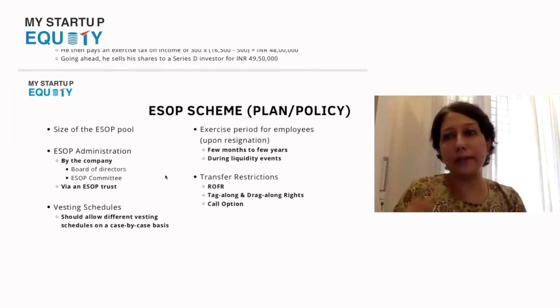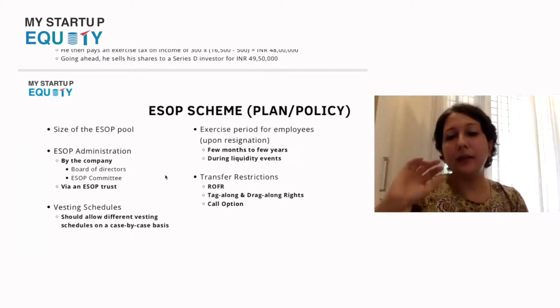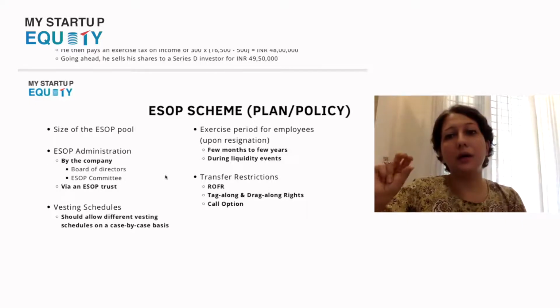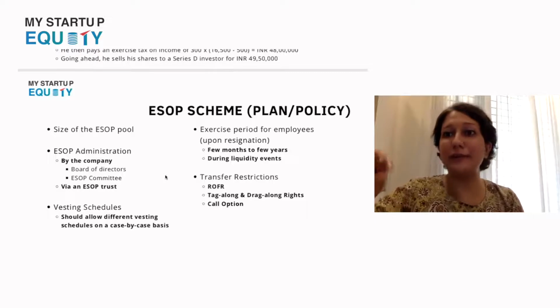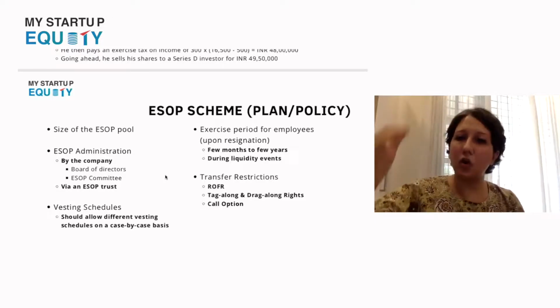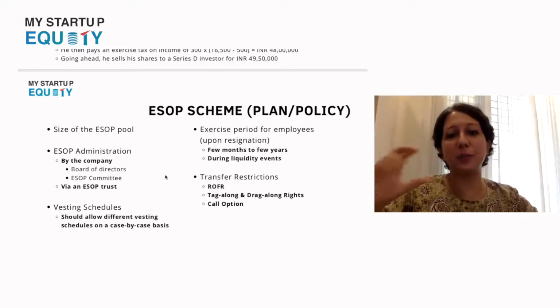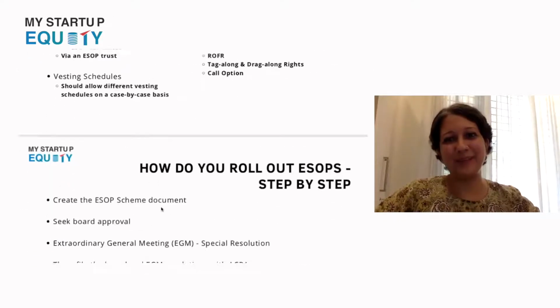If an employee has to further sell it to a third party, what are the rights that he would have on those stock? Would there be a ROFR, right of first refusal, required before he further transacts on that? So all of that typically should go into your ESOP scheme and should be defined so that you don't have any heartache later, right?